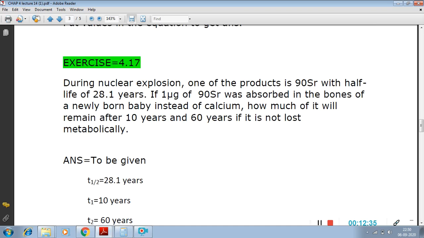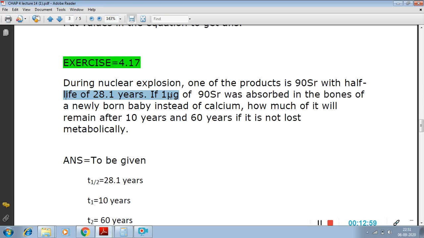Next one is question number 4.17. The question is like this: during a nuclear explosion, one of the products, 90Sr, meaning 90 strontium, with half-life of 28.1 years.